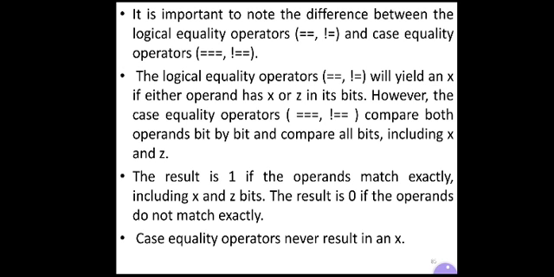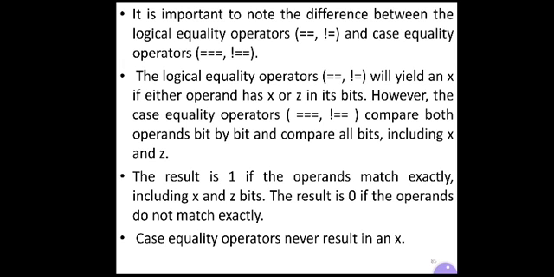If any bit present in the operand is unknown, and in the same position of the other operand the bit is also unknown, then the unknown values are compared too. Based on that, the result, whether true or false, will be produced.